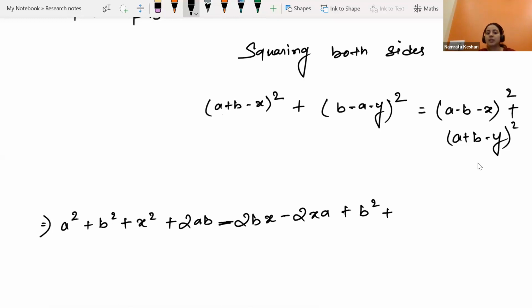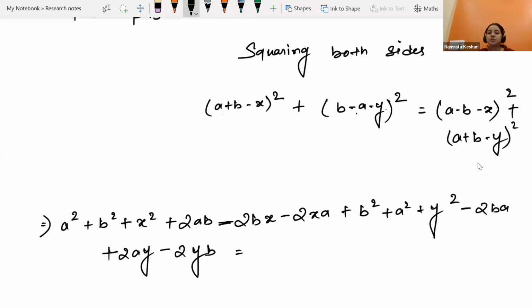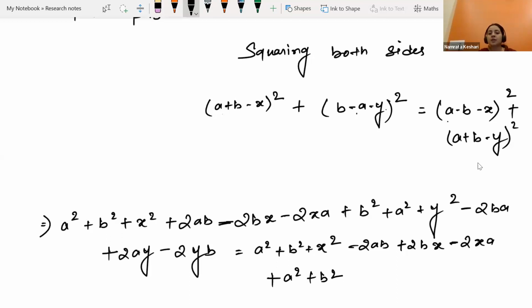Similarly for this one, b square plus a square plus y square plus 2ab, minus 2by, plus 2ay, minus 2ab. Similarly on the right side, a square plus b square plus x square, minus 2ab because b is negative, 2bc both negative so positive, 2ca negative, plus a square plus b square plus y square plus 2ab, minus 2by, and 2ay will also be negative.